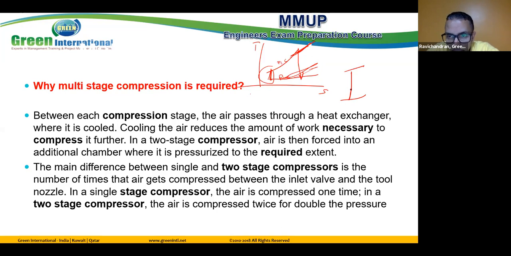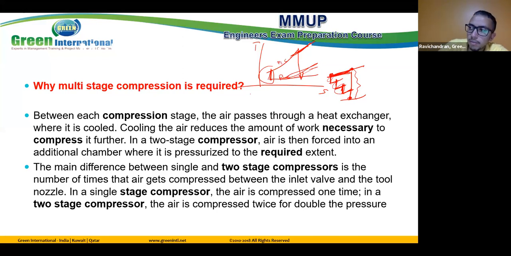I go here, go to cooling, then compress again, then cooling, then compress, up to the final stage of the pressure required. The total work consumed for multi-stage compression is less than from the compressor directly from 1 to 2 in one stage.